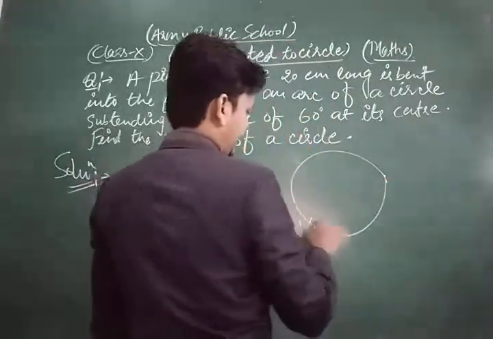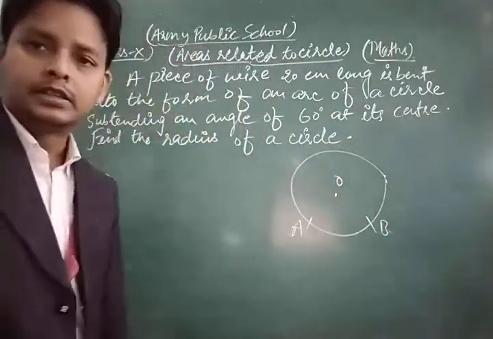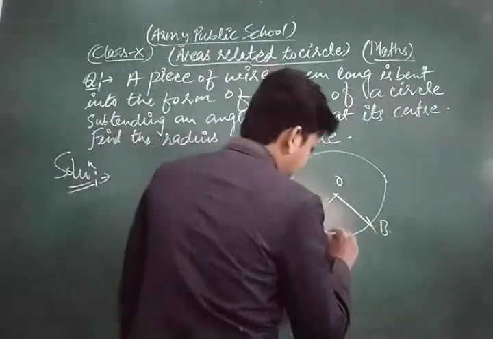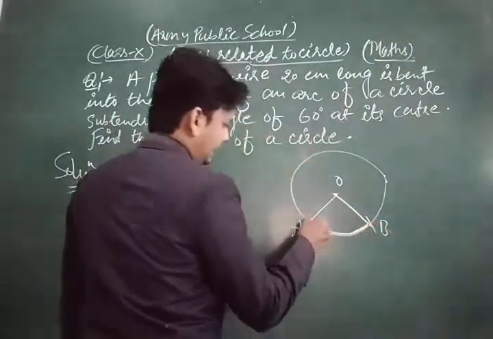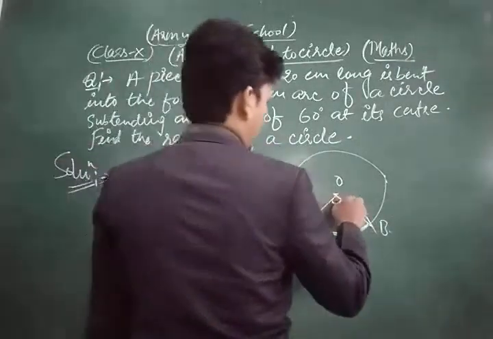Let us take AB as an arc of a circle and let O be the center of the circle. If we join OA and OB, then this is the length of the arc and this is the radius of the circle, and the central angle at the center.